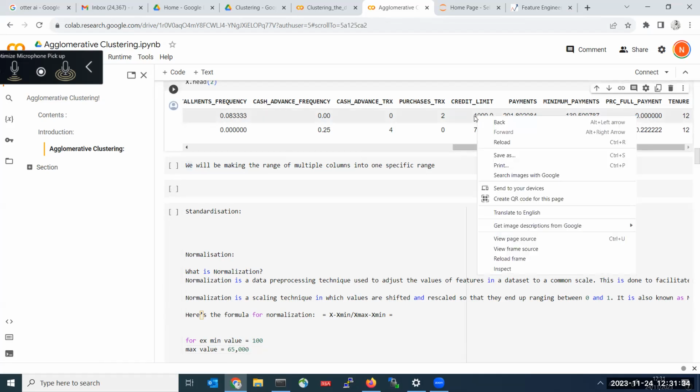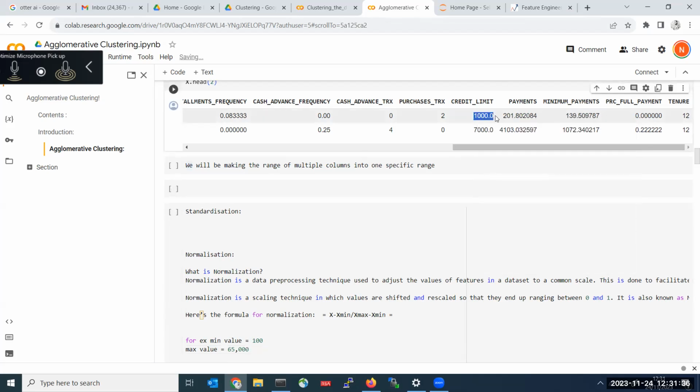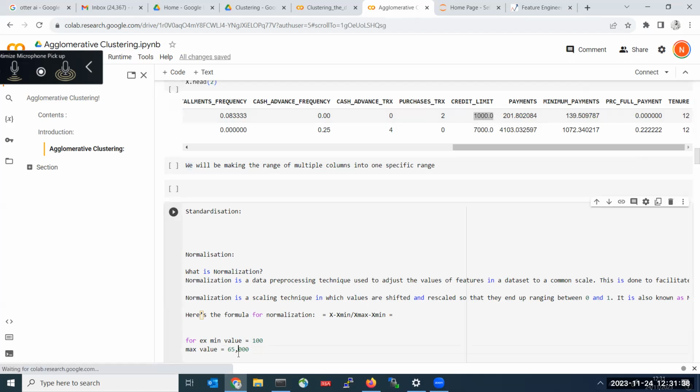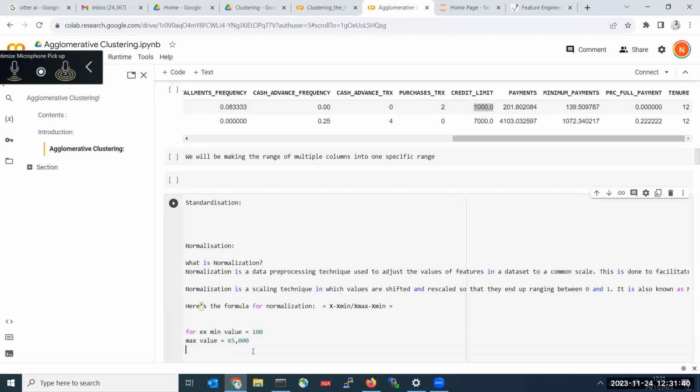This 1000 is my present value. That means for one data point, 1000.